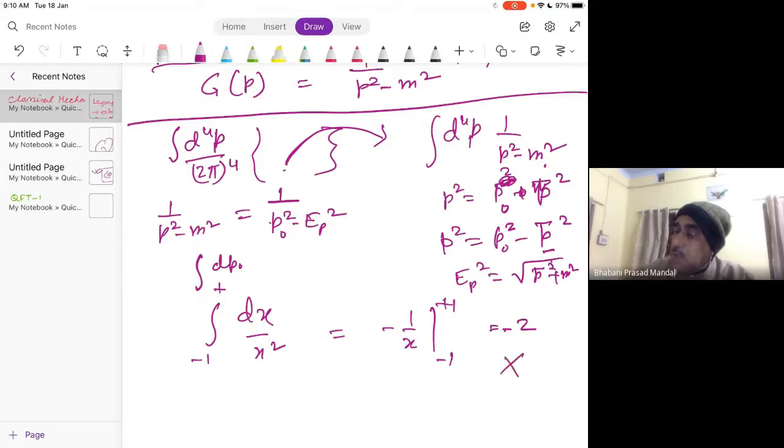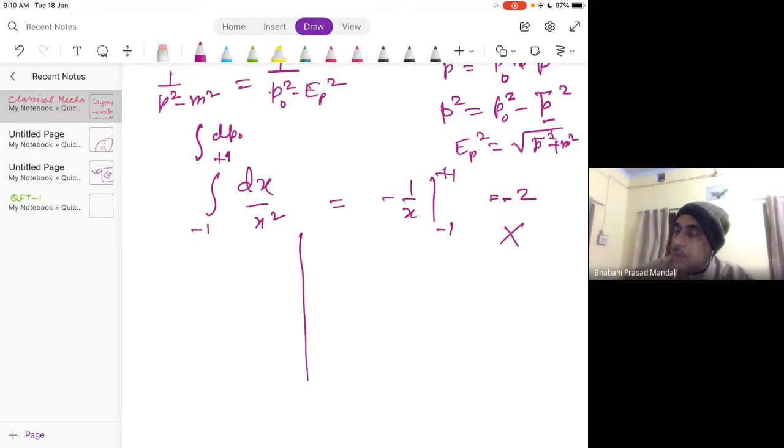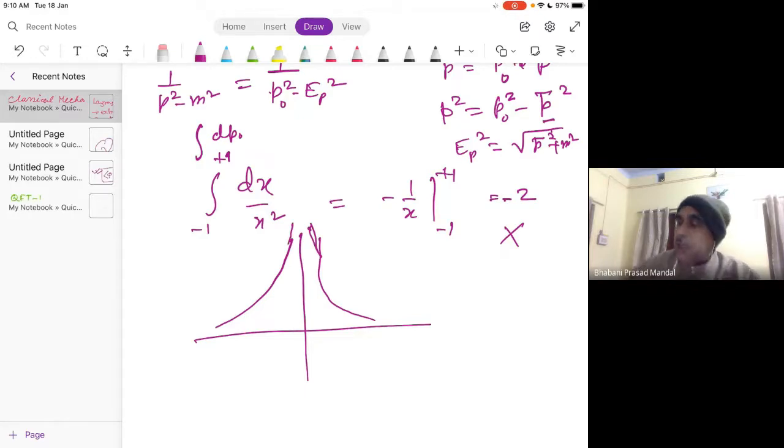But this is completely wrong, because the integration is from -1 to +1, and there is a point in between, 0, where this integrand is diverging. You can also see this if you plot 1 over x square. At x equal to 0, the area under this curve is not finite. So how do you get -2? That is the whole point.